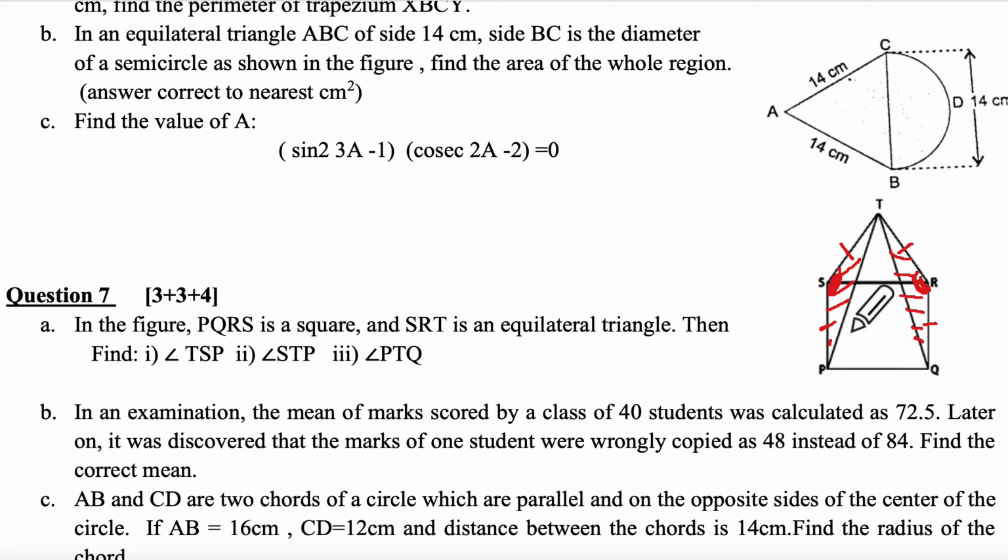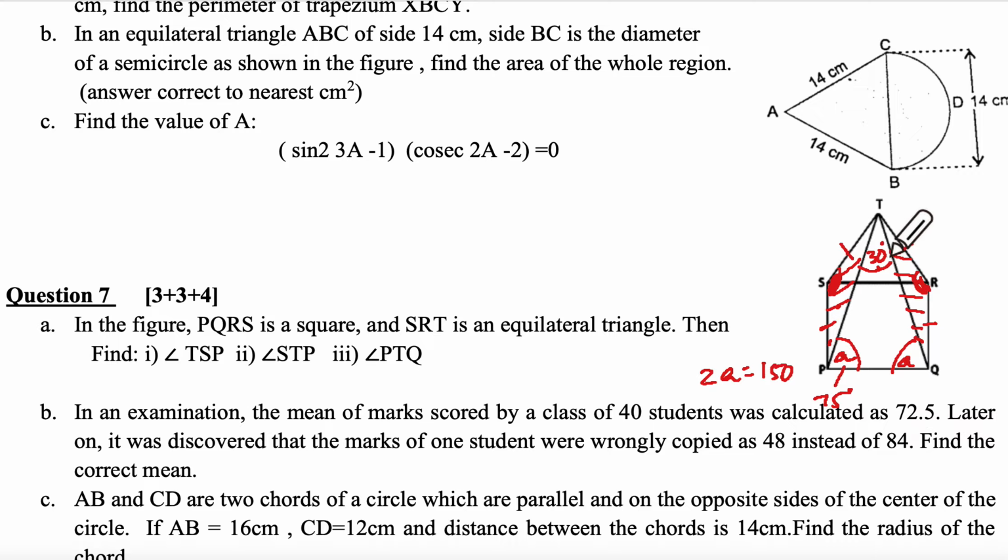Understanding? Therefore PT equal to QT is CPCTC. Therefore this angle and this angle, they will be equal. This is going to be 30 degrees. So 2A plus 30 equal to 180, 2A will be equal to 150 and A will be 75 degrees.